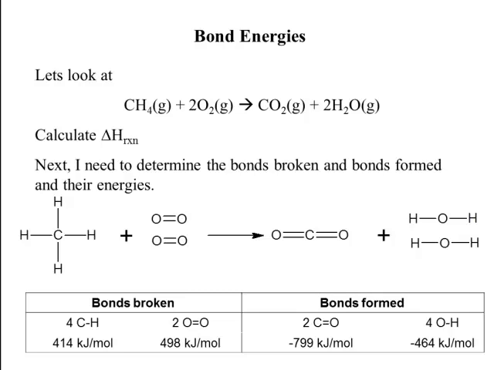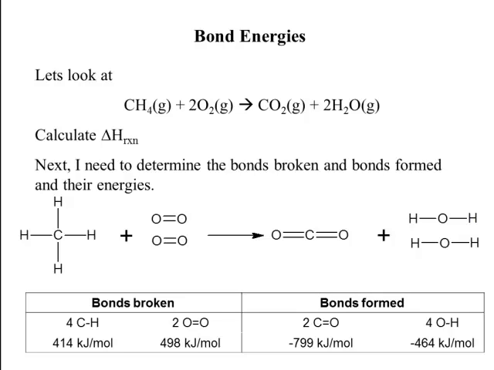Let's go to my CO2. My CO2, I'm going to form 2 C double bond O bonds. Each one of those is going to be 799 kilojoules per mole. The bond energy associated with a C double bond O is 799 kilojoules per mole. Now, when you look on the table, note there is a difference between C double bond O in other compounds versus C double bond O in CO2.